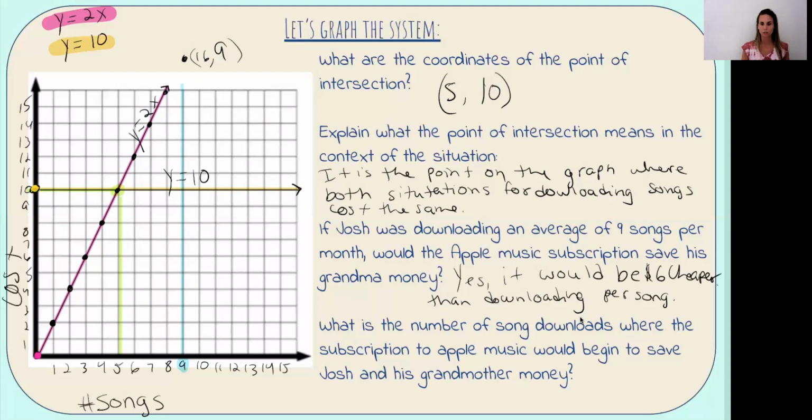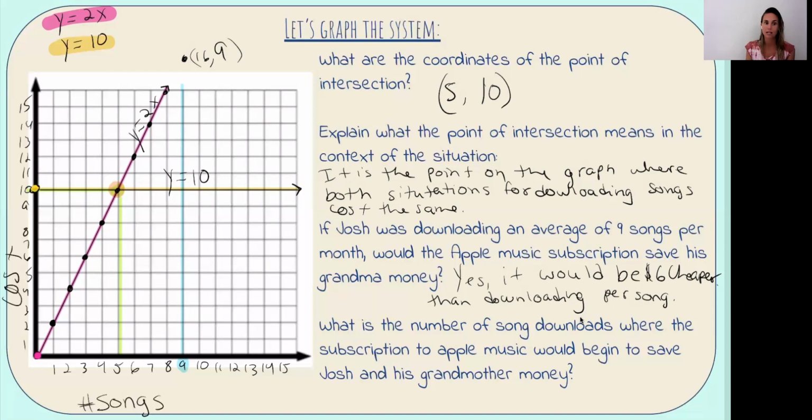So what is the number of songs where the subscription to Apple Music would begin to save Josh's grandmother money? We know that this is the solution. At 5 songs it will cost the same, whether he downloads them per song or gets the subscription.